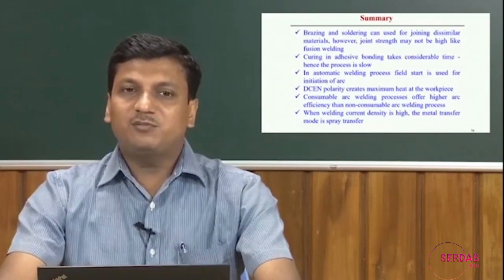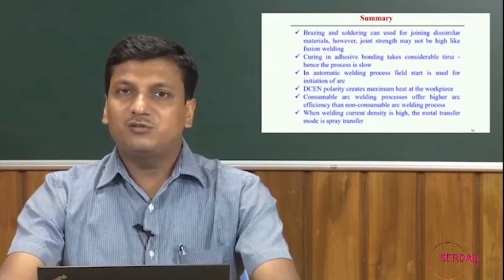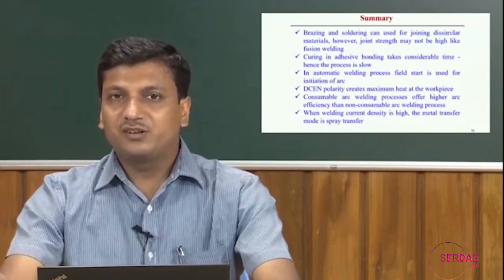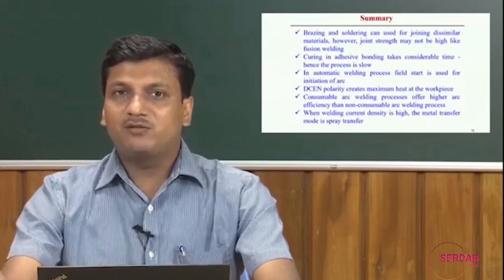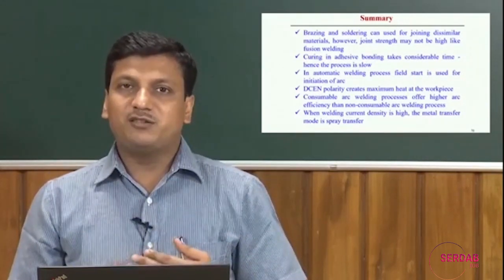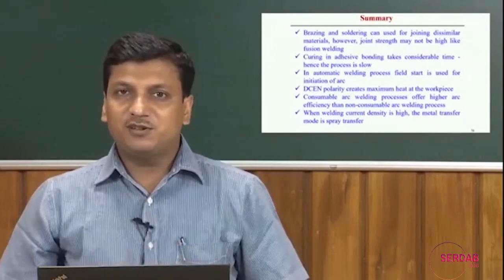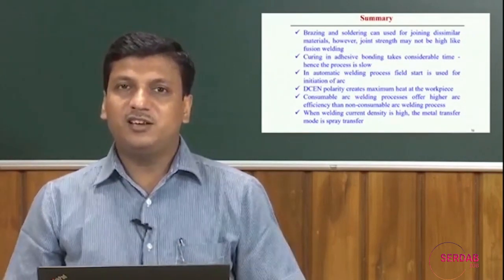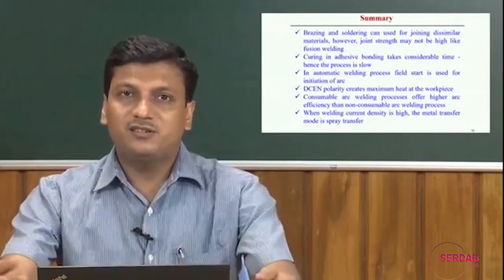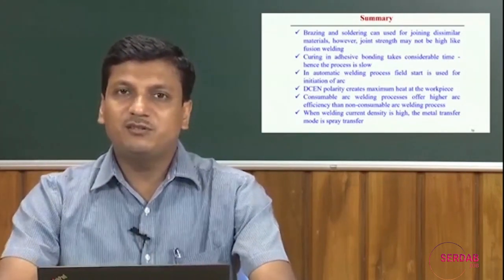And AC current we normally use when there is a need for a cleaning action in one of the cycles. AC current can clean the surface of the weld metal, and at the same time generate heat, create the weld pool, and finally make the weld joint.